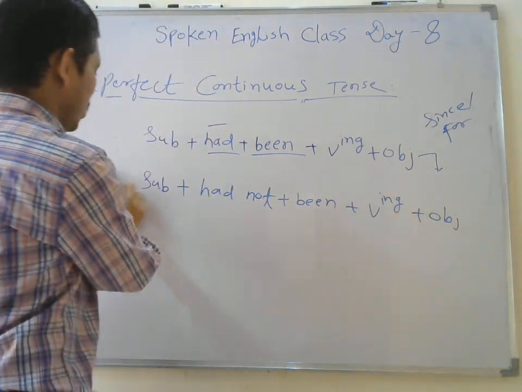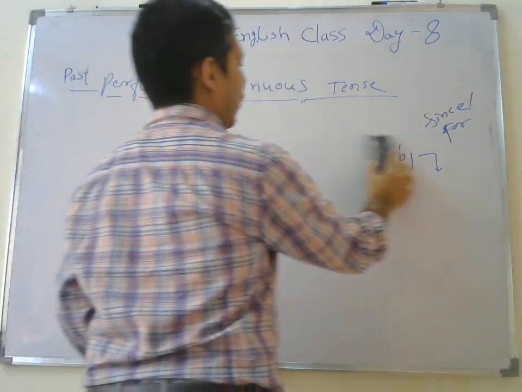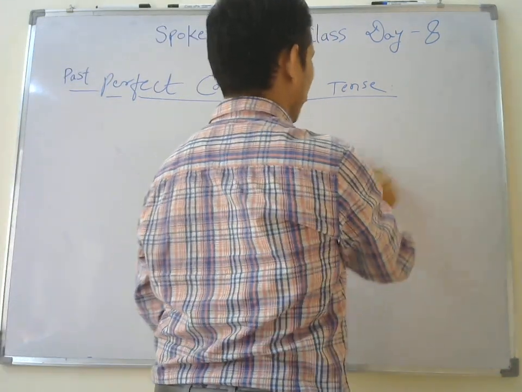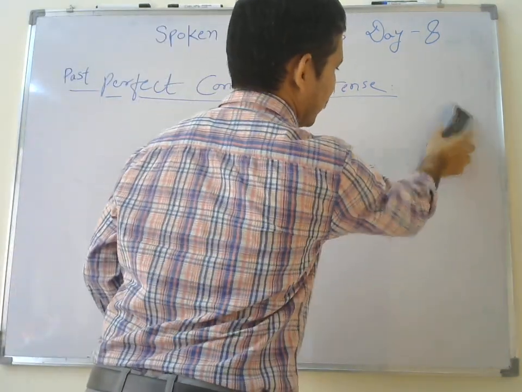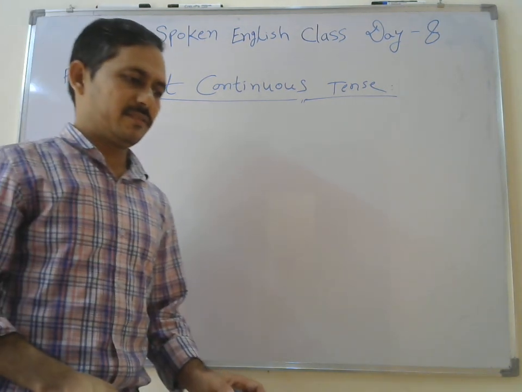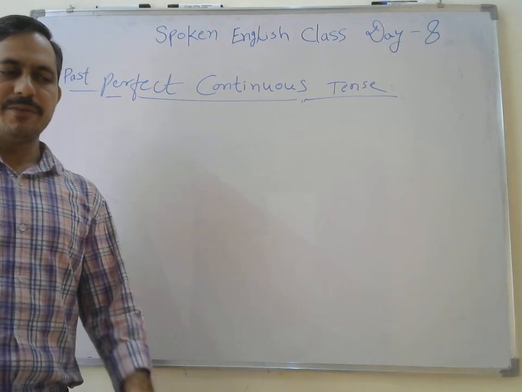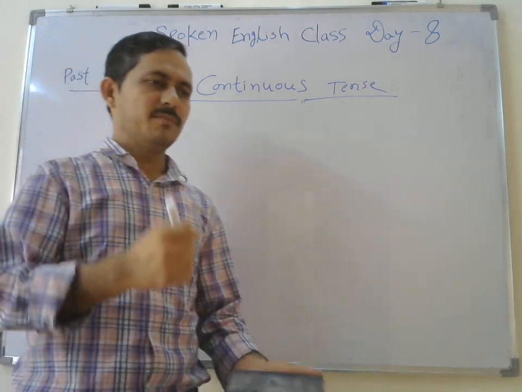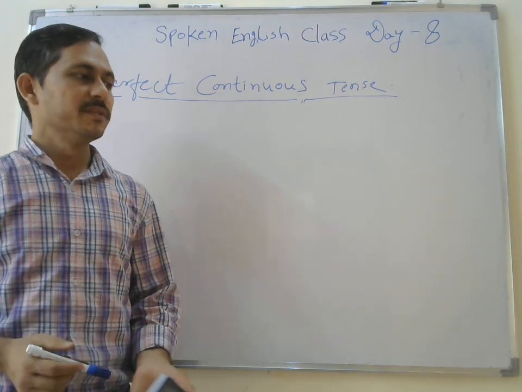I hope you have noted it down. You have to note it down, friend, because it's human memory. At once you will not remember all the things, right? By writing also you will remember a few things, because your brain gets exercised by this.